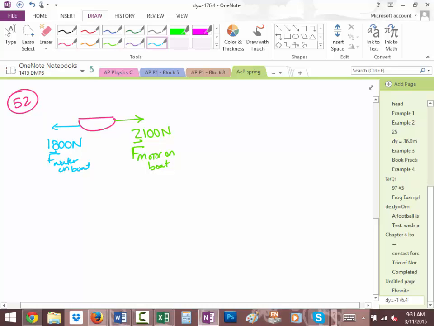So, how do we find acceleration? F net equals ma, right? Can you find the net force? Yeah, you've got a positive 2,100 and a negative 1,800. Subtract that. Is that okay?